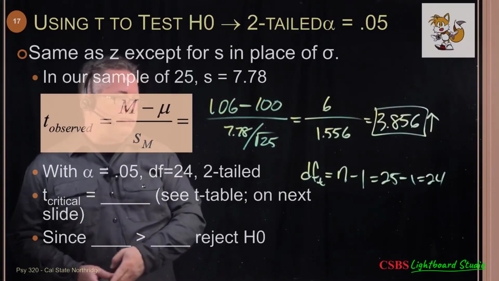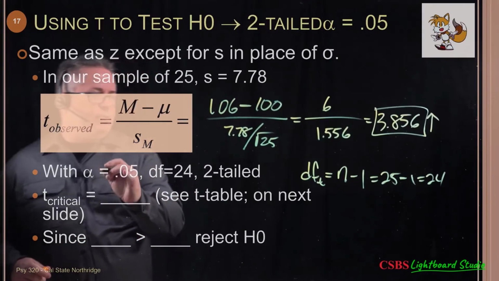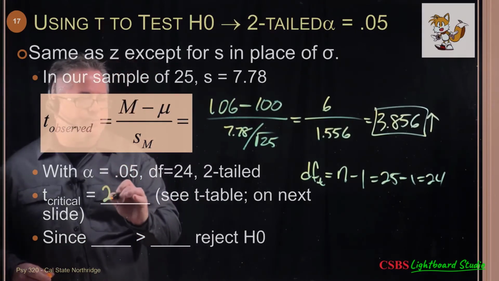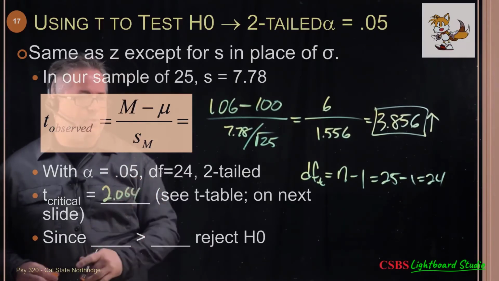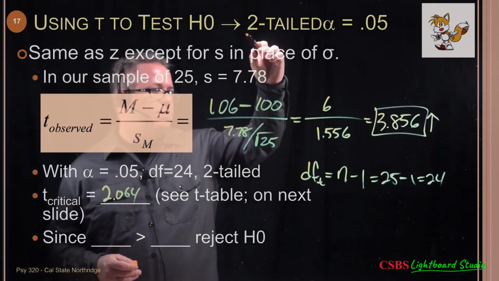So 2.064 is my critical value when I'm doing a two-tailed test.